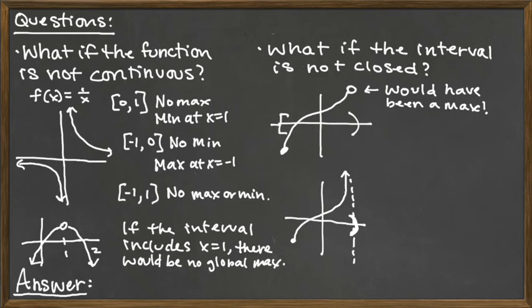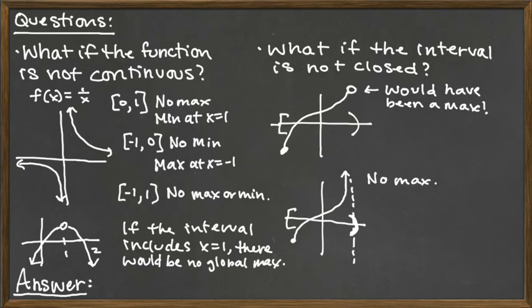Again, it's shooting off to positive infinity there, so we wouldn't have a max on this interval either. Even though it would be closed on one side, having that open side of the interval gives the function freedom to do things that don't contain it to a restricted max and min.